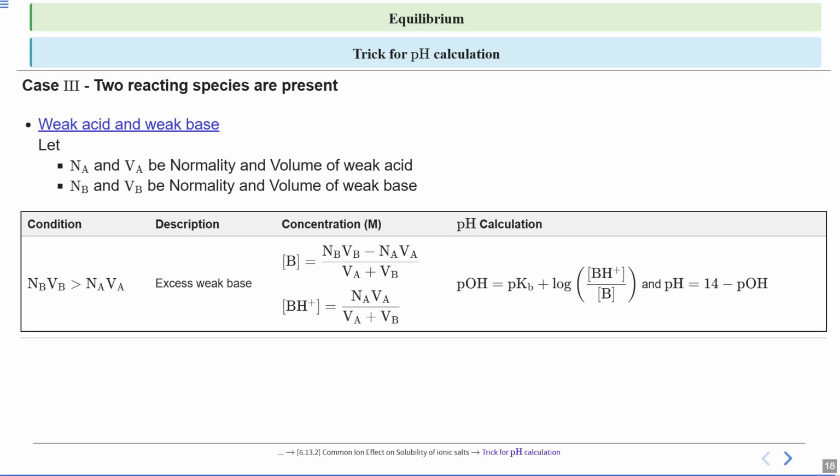Because after neutralization, we will be left with a salt and some concentration of this weak base. So first we'll calculate the concentration of this excess base, which is (NbVb minus NaVa) divided by (Va plus Vb), and then we will calculate the concentration of conjugate acid, which is NaVa divided by (Va plus Vb). Finally, we will calculate the pOH using the Henderson-Hasselbalch equation and subtract it from 14 to get the pH.